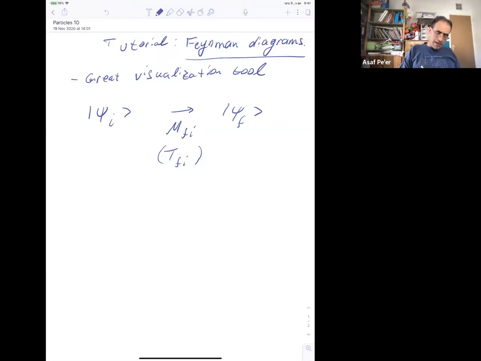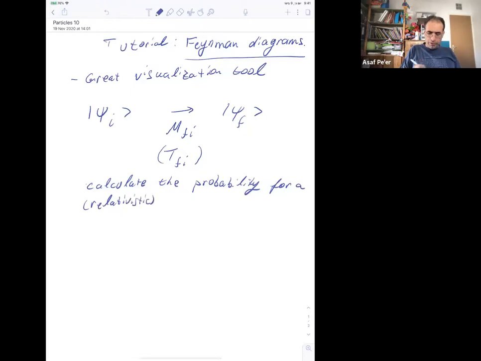So it helps us calculate the probability for a relativistic scattering process. I'm putting relativistic because it's also true for non-relativistic, but of course it's true also in the relativistic case.